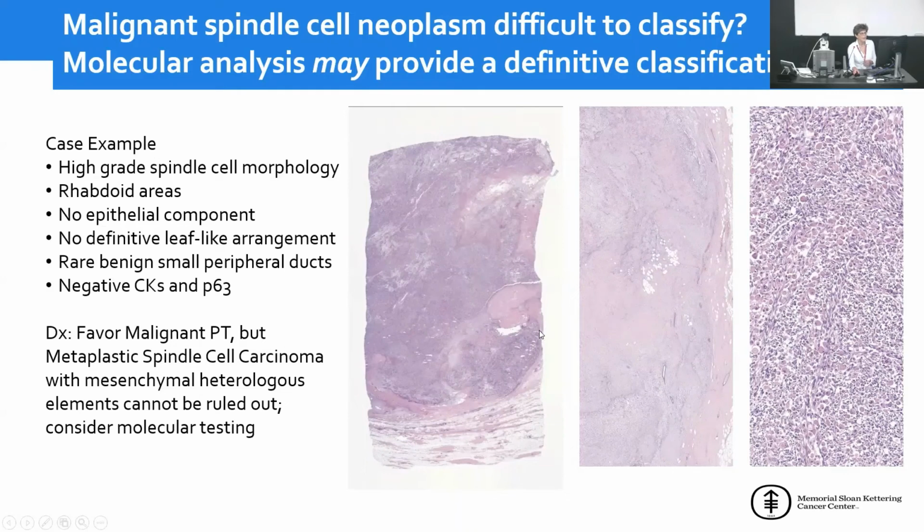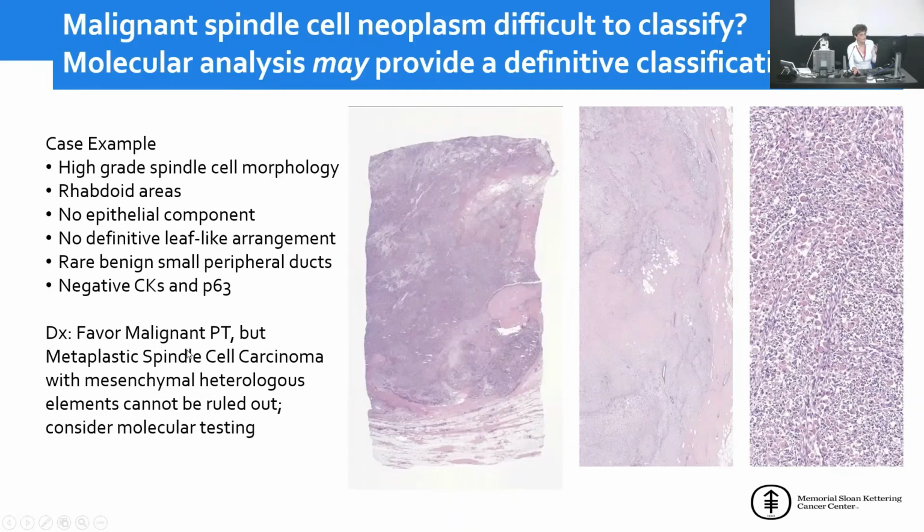And here is an example of a case where we couldn't come up with a definitive diagnosis. Some features suggested the possibility of a fibroepithelial tumor, the presence of a few entrapped elongated ducts, but there was nowhere the definitive evidence.